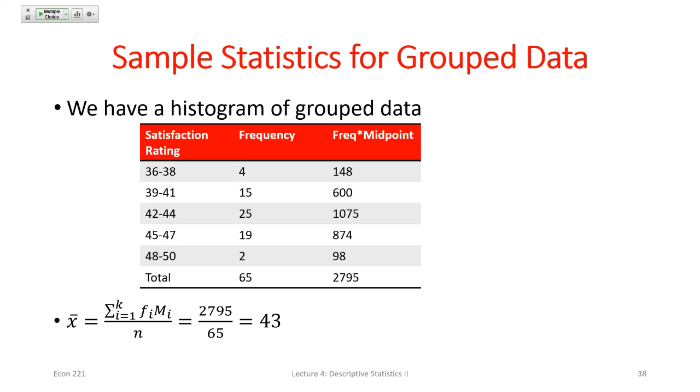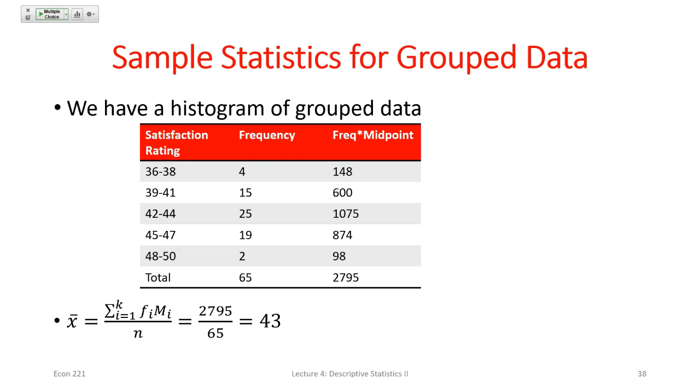Did I not find the average here? So I'm going to use my equation for finding the average. I'm going to go through each one. I'll take the midpoint of 37, multiply it by 4, write that number down. 40 times 15, write that number down. Do that for every single observation. Now I've got my frequencies multiplied by the midpoint of each bin.